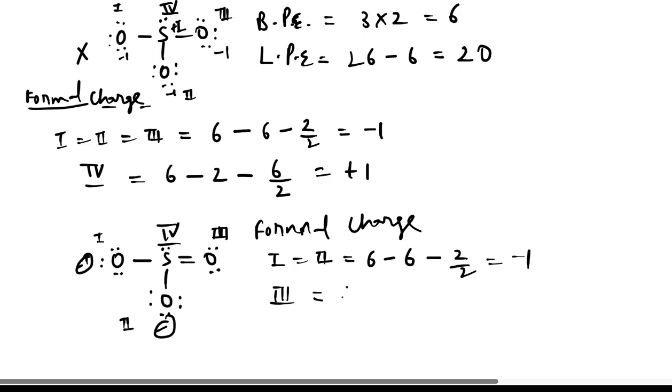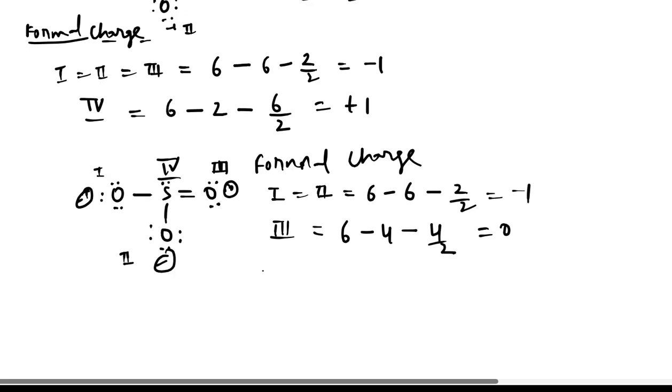It will have 6 minus 1, 2, 3, 4 minus 2 to 4 divided by 2. So it will have 0 charge. So this has 0 charge. What about sulfur? Sulfur has 6 minus 2 minus 1, 2, 3, 4, 8 divided by 2, that is 0. So this sulfur has 0 charge.